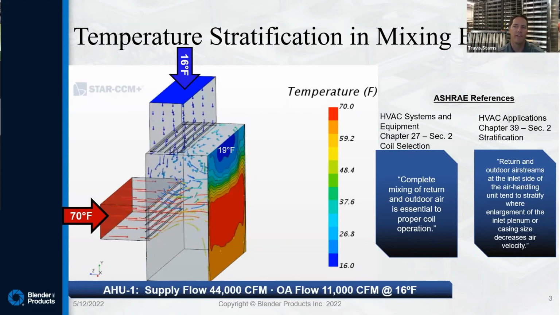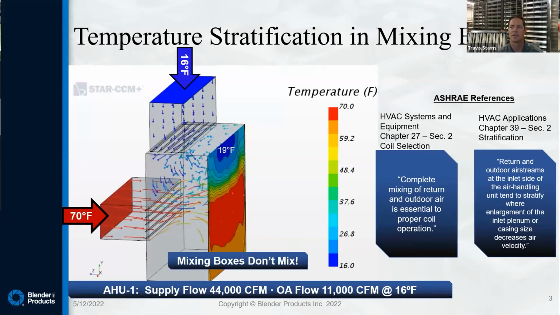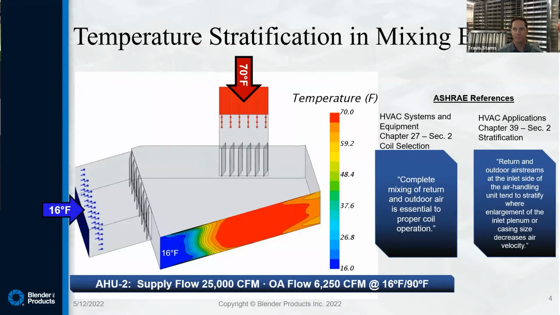And especially with fan arrays inside air handling units, they tend to propagate this issue of stratification as it goes down the tunnel. As one large air handler manufacturer in the US told us, they don't identify them as mixing boxes. It's more of stratification sections inside their air handler. The point being is true on side entry.